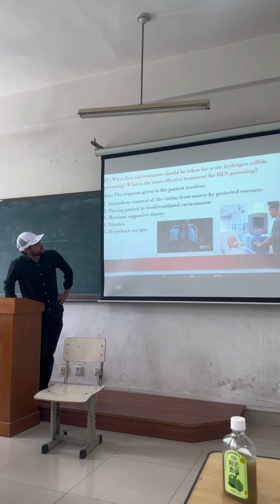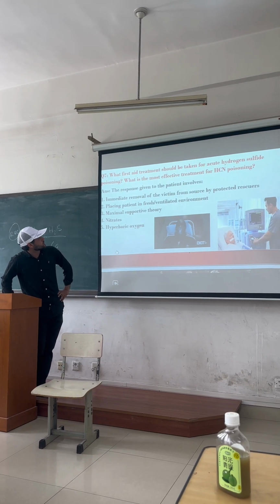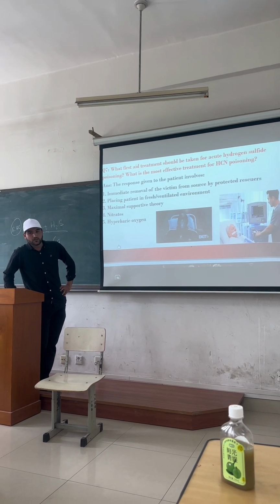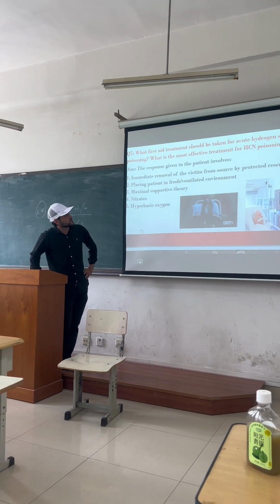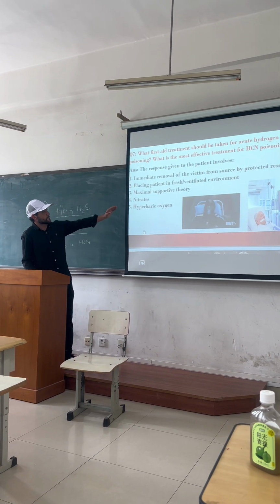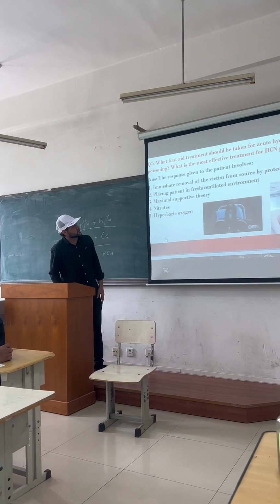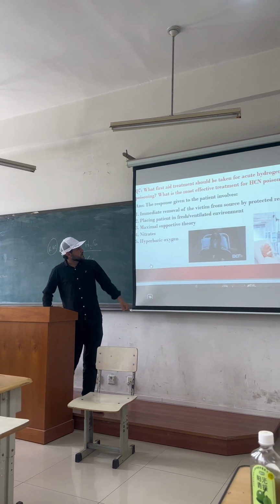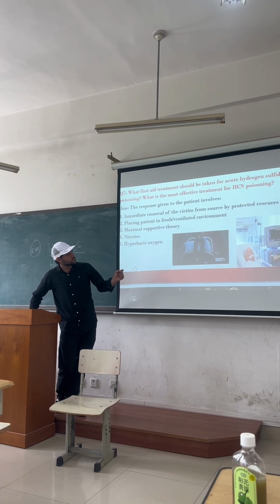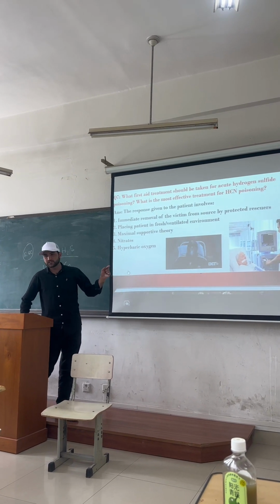What first aid treatment should be taken for acute hydrogen sulfide poisoning? What is the most effective treatment for hydrogen cyanide poisoning? Keep quiet, please. The response given to the patient involves, number one, immediate removal of the victim from the source by protected rescuers.